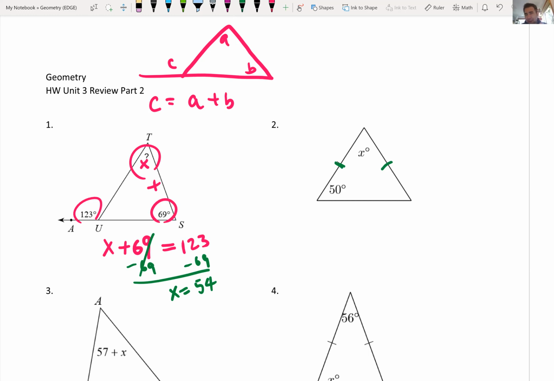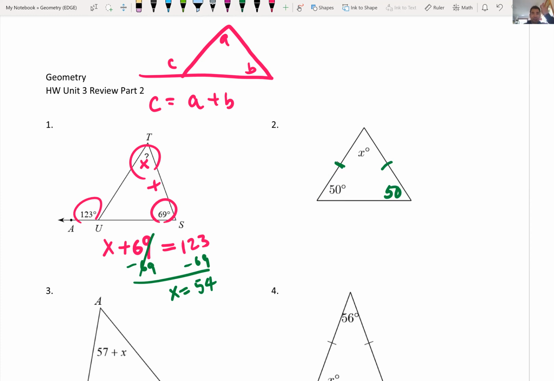One of the most useful properties of an isosceles triangle is that the bottom 2 angles are the same. That means if this is 50 degrees, the other angle is going to be 50 as well.